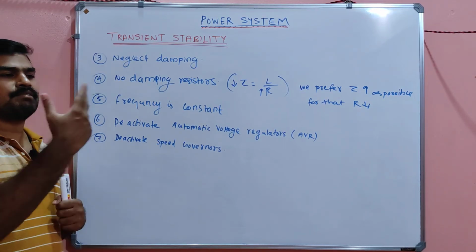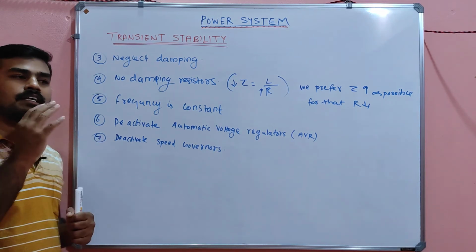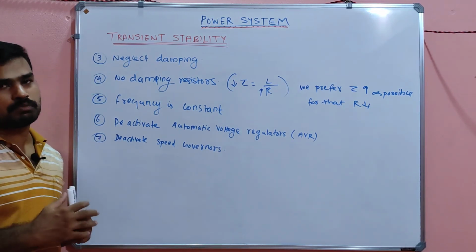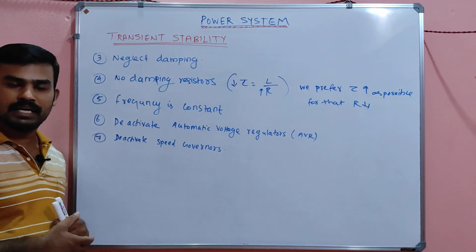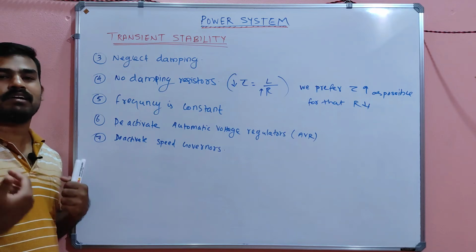In other words, if the load demand is high, the alternator will suddenly decrease its speed, because it can't provide that much electrical energy, since its mechanical energy is constant.